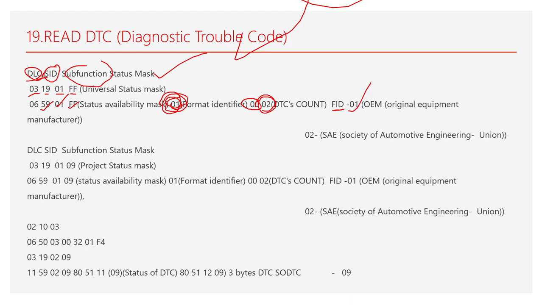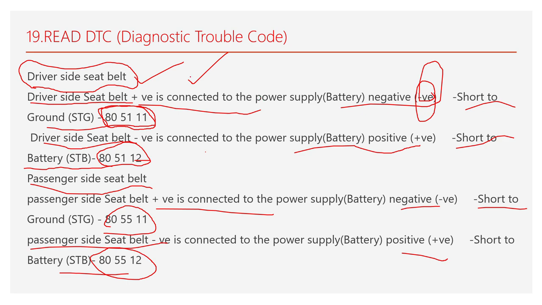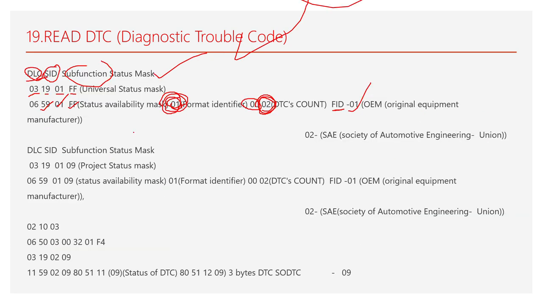So we get the format identifier, and this is the DTC count, how many DTCs are present. I'm taking two DTCs here, so I'm getting two here. Why am I taking two? I used short to ground and short to battery, so I've taken two, and I'm giving the two count here.